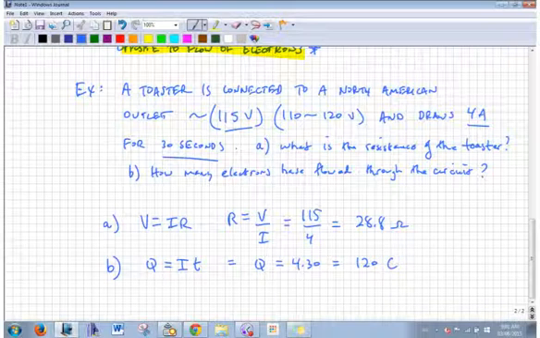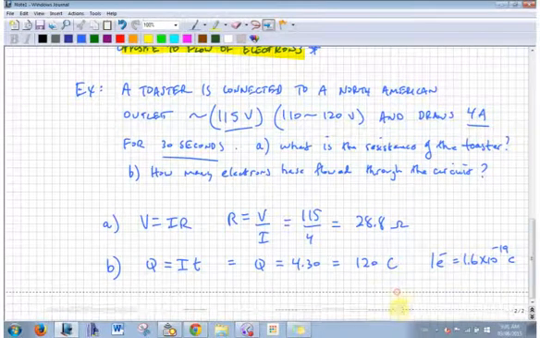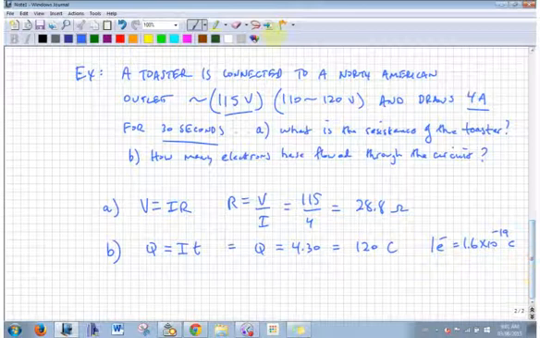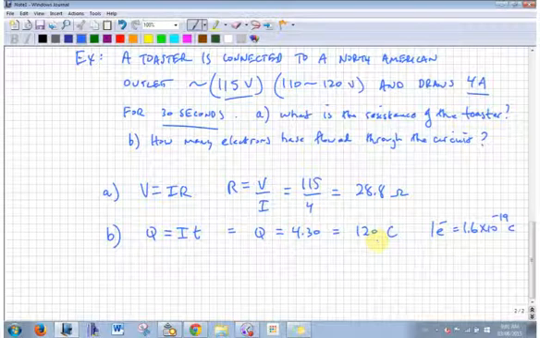What's the charge on 1 electron? Yeah, 1.6 times 10 to the minus 19 coulombs. I got 120 coulombs. I know it's a negative, but I'm just looking for the number of electrons. So each one's got a charge of that. I got that.